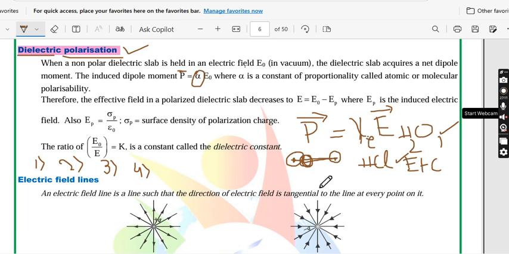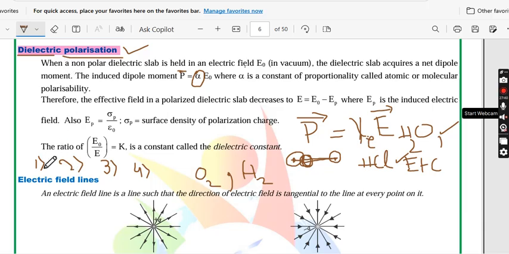A non-polar molecule has no permanent dipole moment, whereas polar molecules have a permanent dipole moment. Examples are oxygen and hydrogen. These are the examples for non-polar molecules.